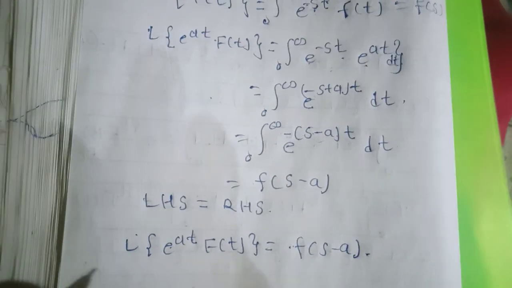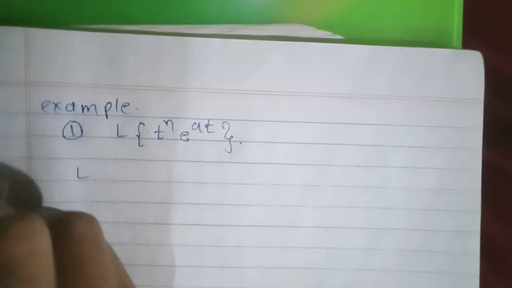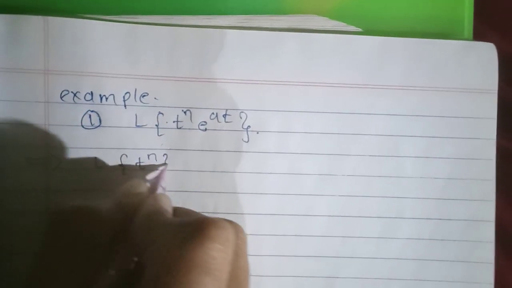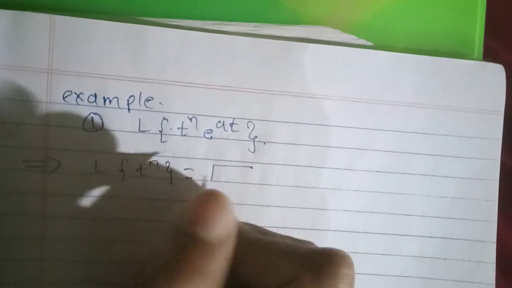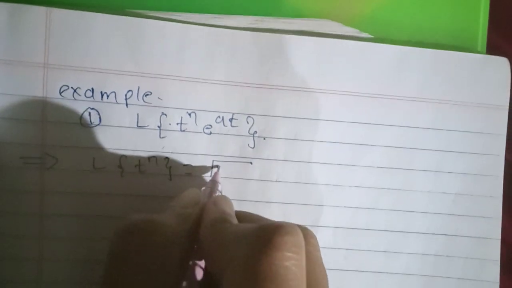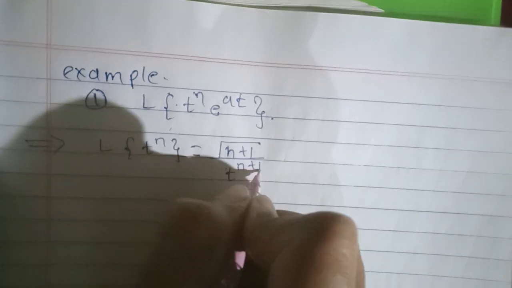Then, for example, the first example of the theorem is the Laplace transform of t raised to n e raised to at. We know the Laplace transform of t raised to n is gamma of n plus 1 divided by p raised to n plus 1.